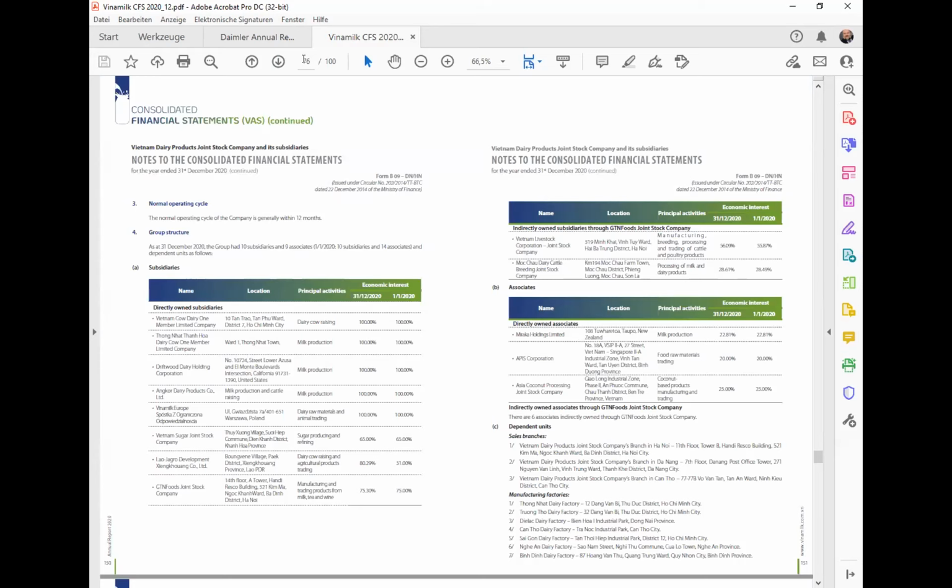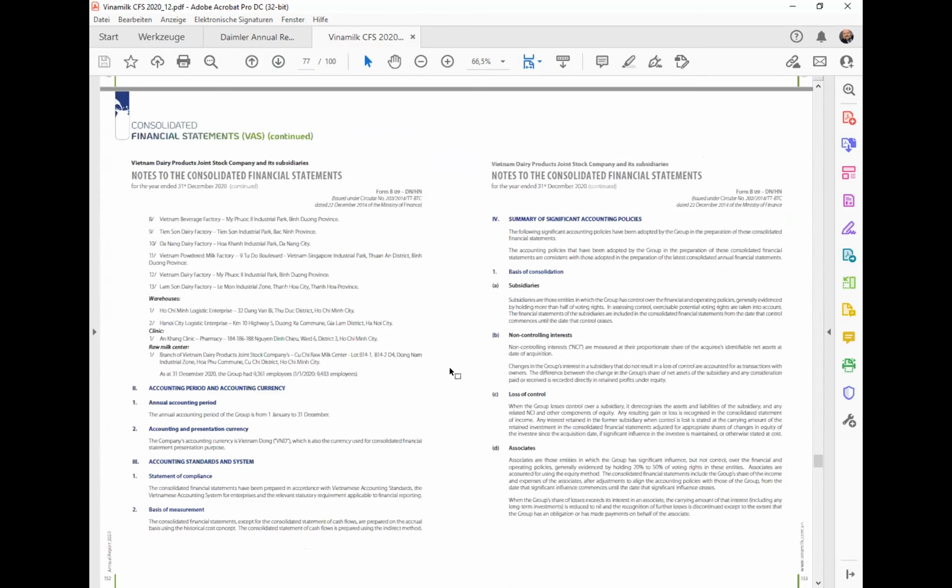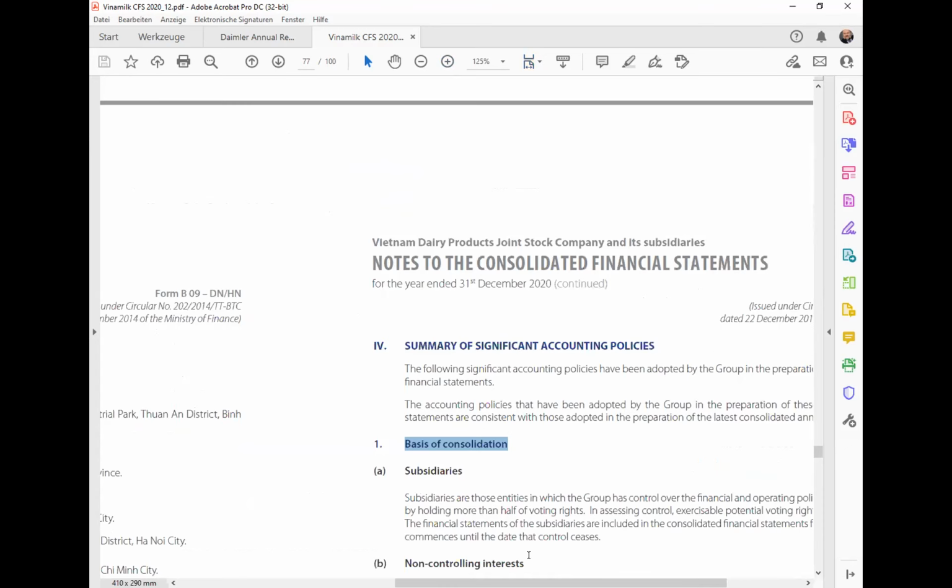So notes should be on the next page. Principles of consolidation, so this is page 153. Okay, so I'll make it a little bit bigger.